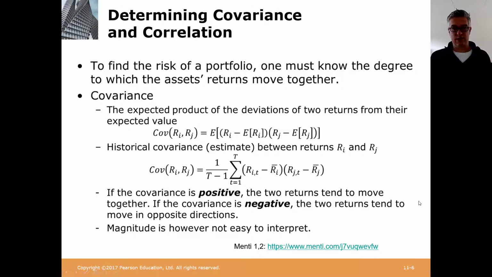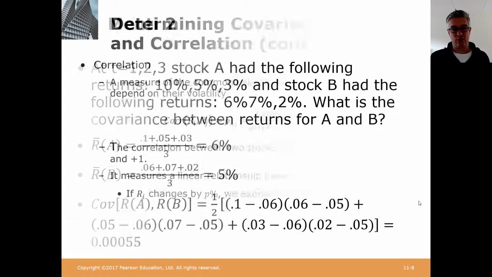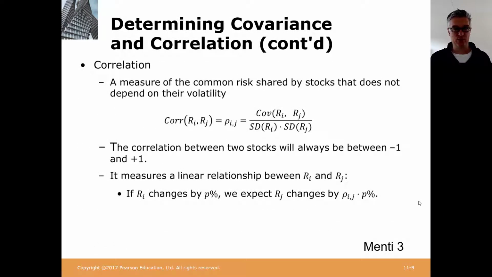So, as I said, the magnitude here is not always easy to interpret, and that's where we come up with this measure called correlation. So correlation does tell you a lot more because it's a lot easier to interpret. Correlation is very similar to covariance in that it measures how two stock returns move together.